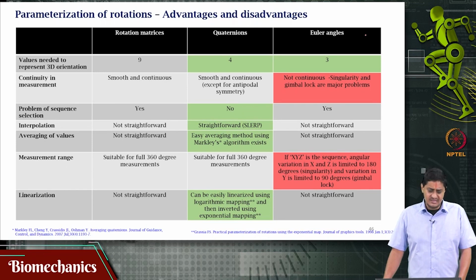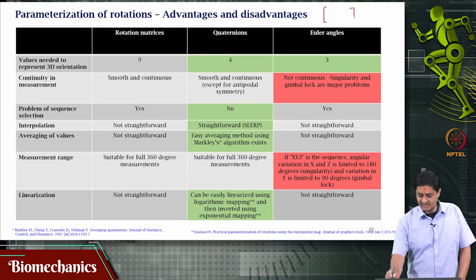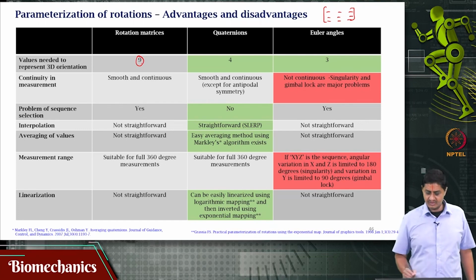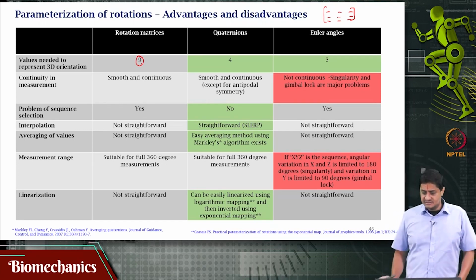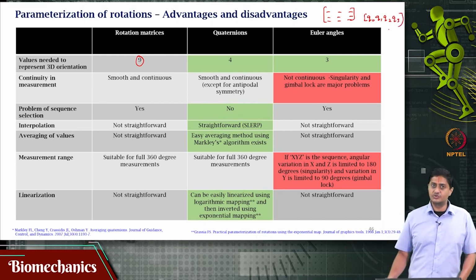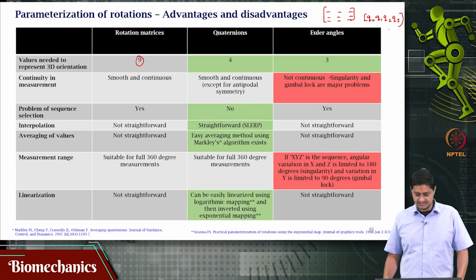How many values are needed to represent 3D orientation? In rotation matrices, 3D orientation means it is a 3 by 3 matrix, so 1, 2, 3, 4, 5, 6, 7, 8, 9 values you want. Okay. In quaternions you need 4 values, we saw that. What are these? One real part and then the imaginary parts, Q0, Q1, Q2, Q3 or Q1, Q2, Q3, Q4, however you say that, right.